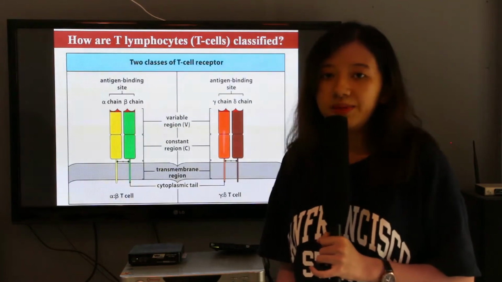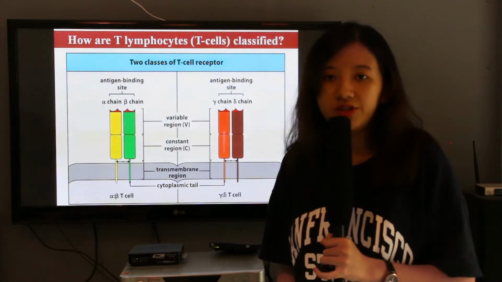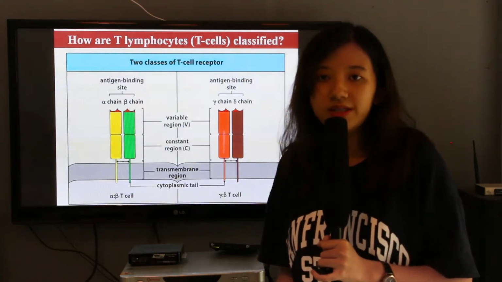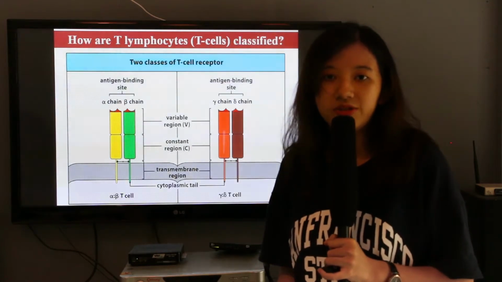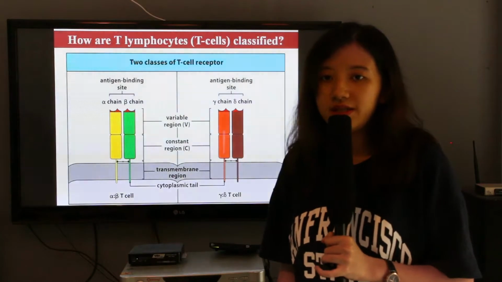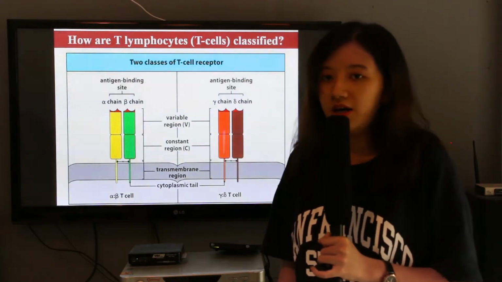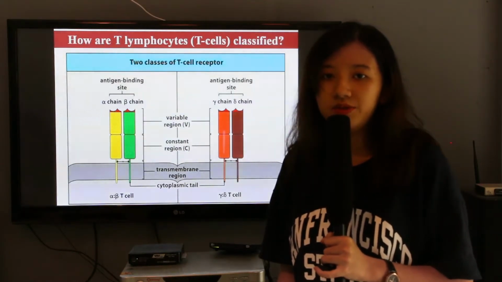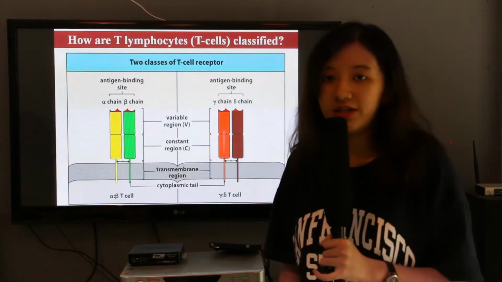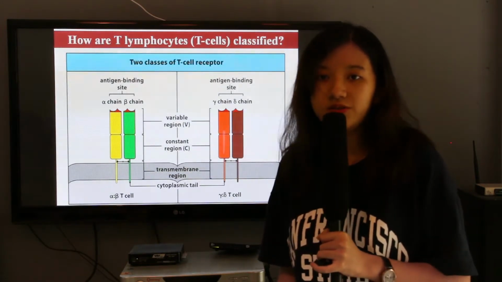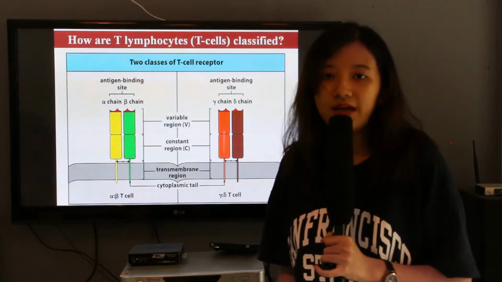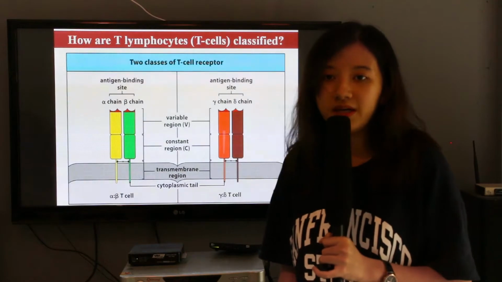T cells can be distinguished by their different antigen receptors. The definitive T cell lineage marker is the T cell antigen receptor, which is called TCR. The two defined TCRs are, first, the heterodimer of two disulfide-linked polypeptides, alpha and beta chains, and the second one is a structurally similar heterodimer consisting of gamma and delta polypeptides.